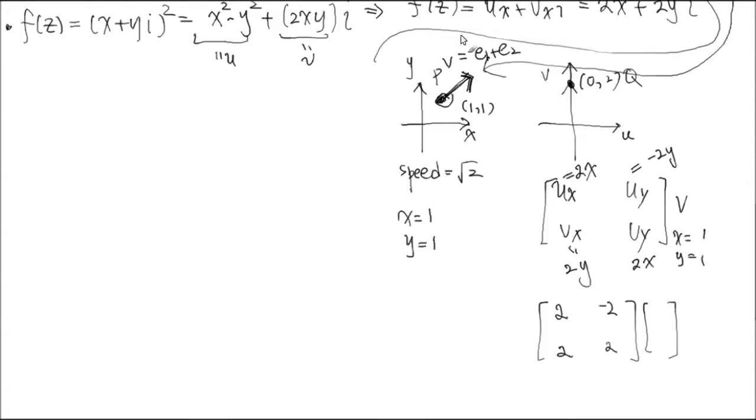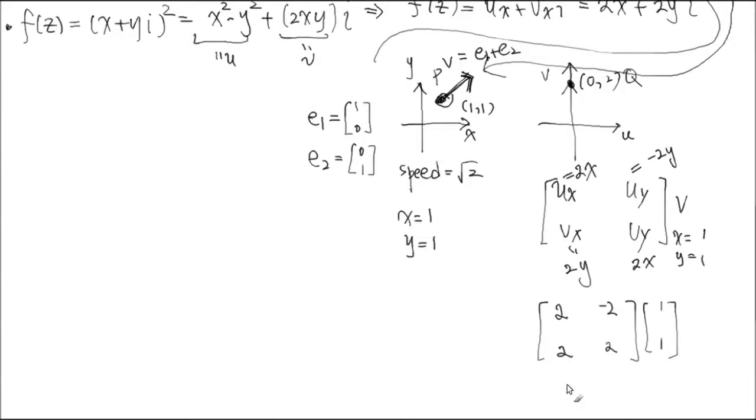If I write e1 plus e2, what's the coordinate in terms of e1 and e2? e1 will be coordinate 1, 0, right? e2 will be coordinate 0, 1, remember? So what is e1 plus e2? Coordinate 1, 1. So that coordinate 1, 1 is multiplied in there.